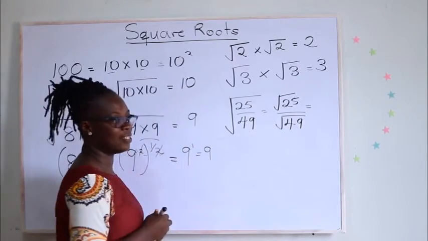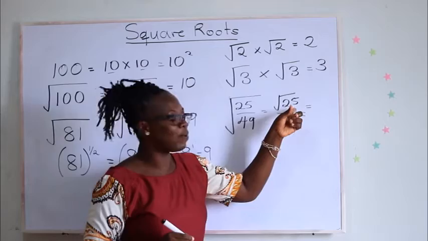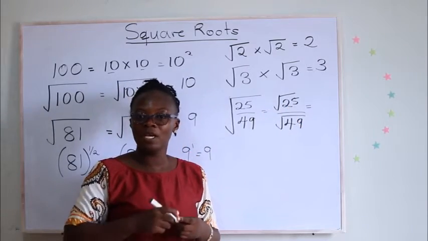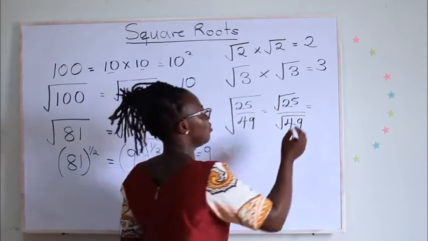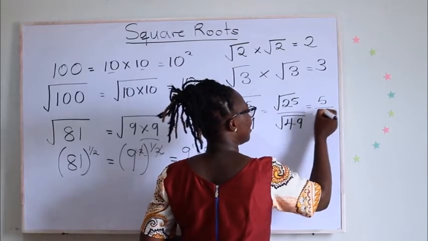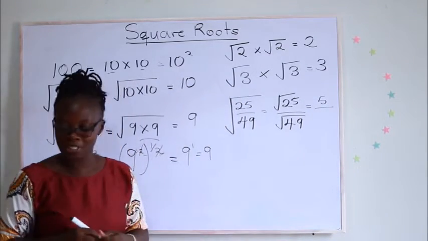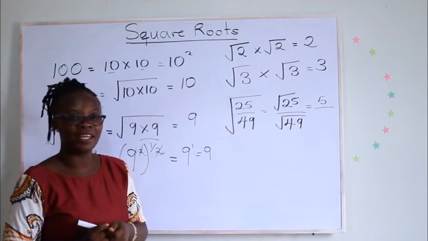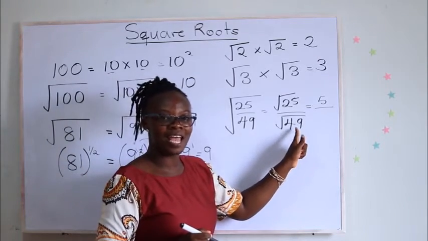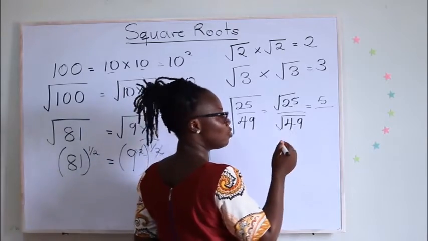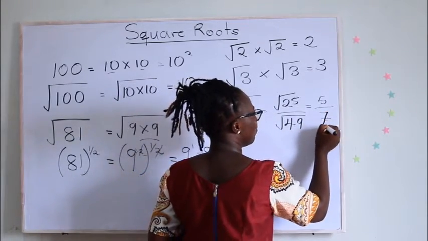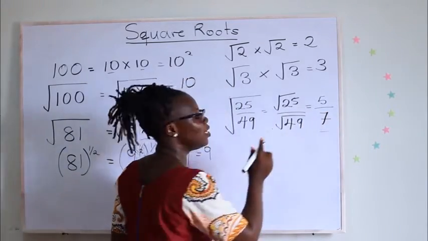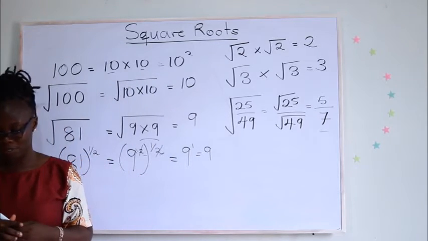Now the question is, which number will I multiply by itself to give me 25? That is 5. Then, which number will I multiply by itself to give me 49? That is 7, 7 times 7. So the square root of 49 is 7. This then becomes our results.